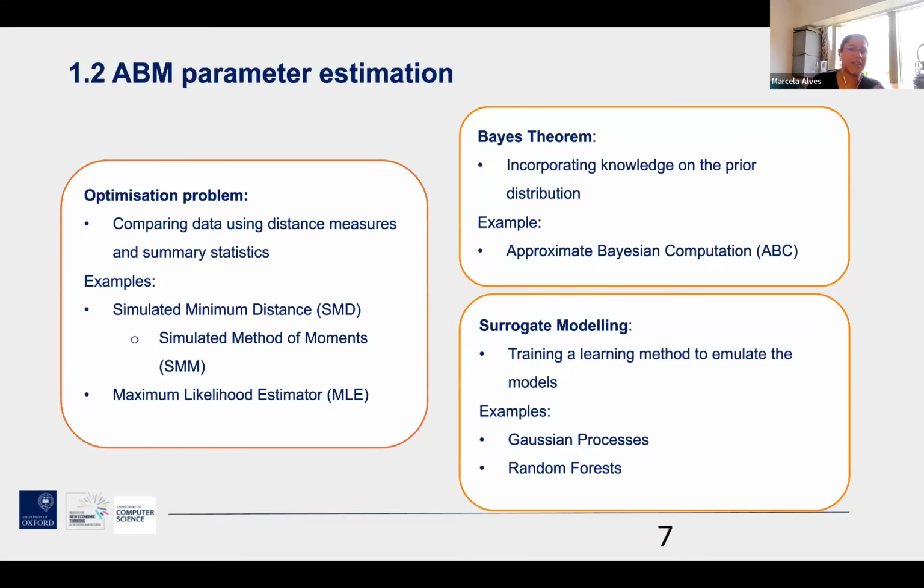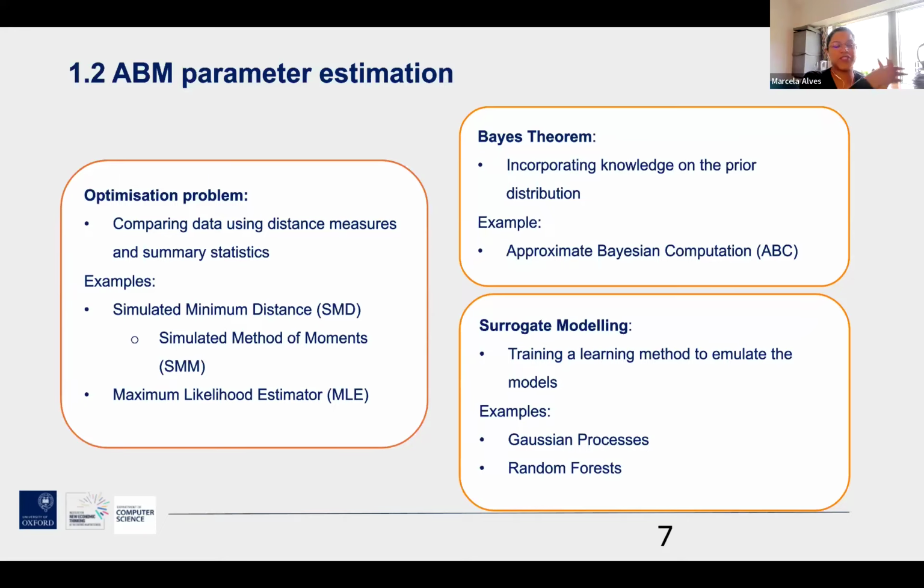Then we go to the Bayes theorem, which is basically how can I improve those parameters when I incorporate some prior knowledge, the prior distribution of the parameters, right? The most used algorithm is approximate Bayesian computation. Even nowadays, this is the algorithm we go to when we have a simpler ABM to calibrate.